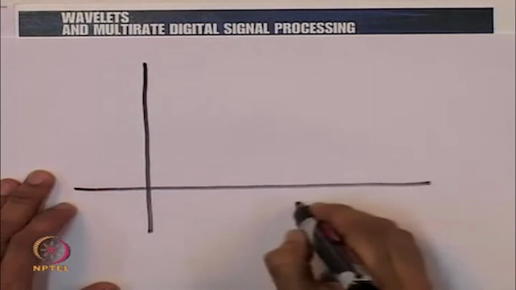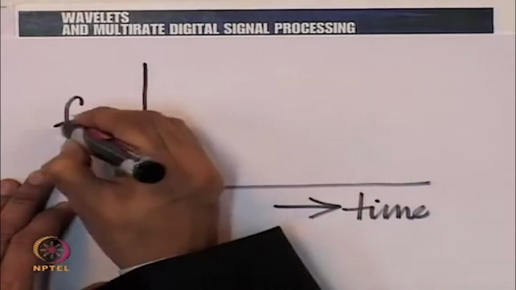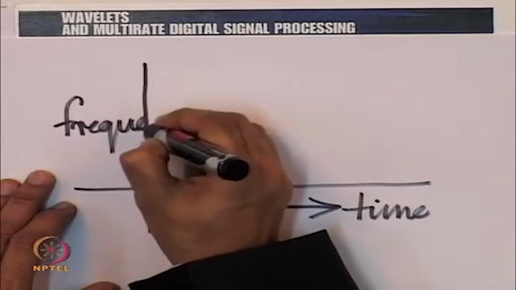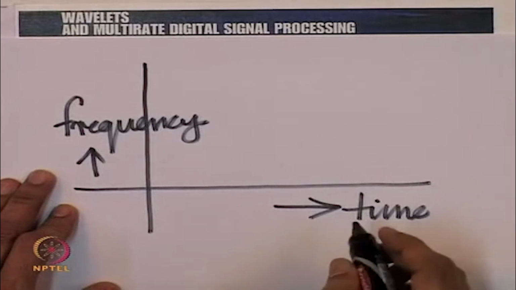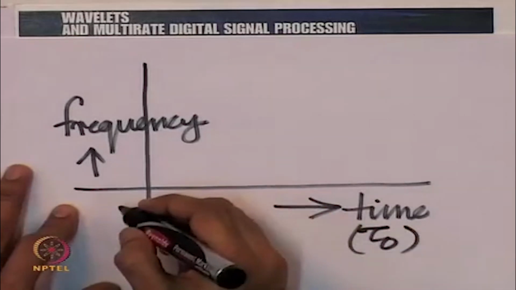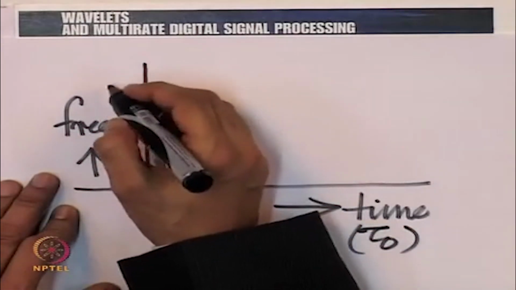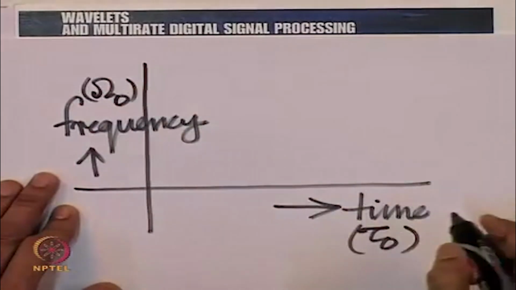So, in fact, I think it will be best to understand this graphically. What we are saying is, we have this time frequency plane as we constructed the last time. And in fact, the time frame is indexed by tau naught, and the frequency region is indexed by capital omega naught, different values.